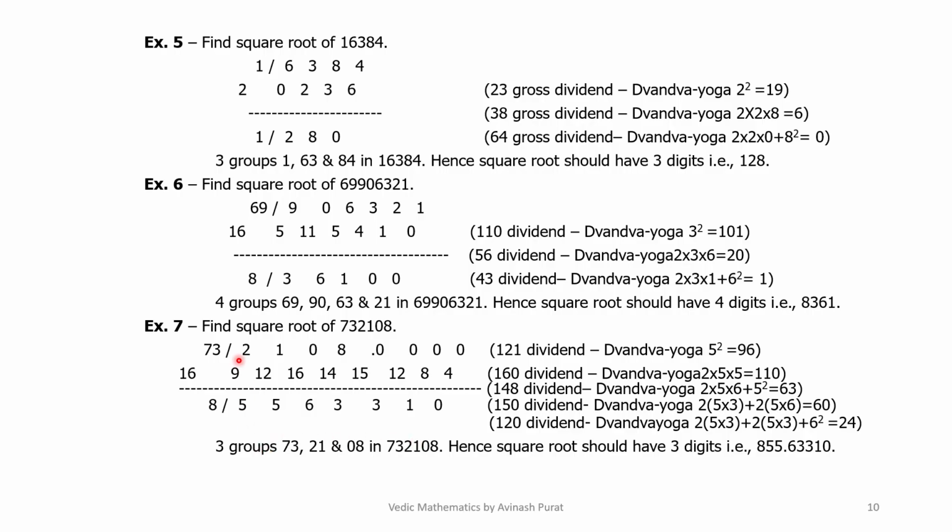So there are 3 groups. So the square root should have 3 digits, that is 855.63310. That is the square root.